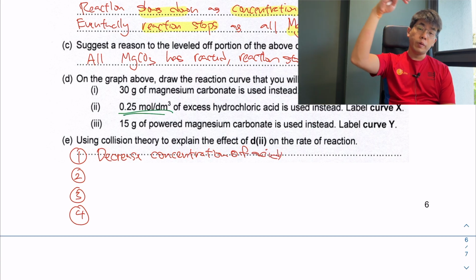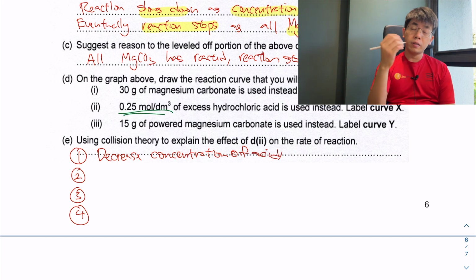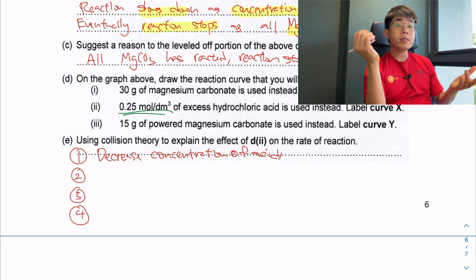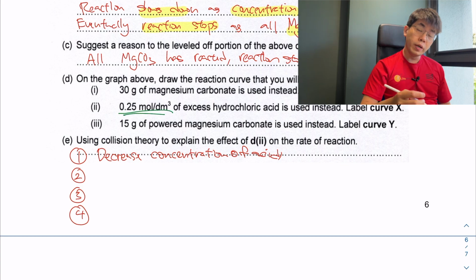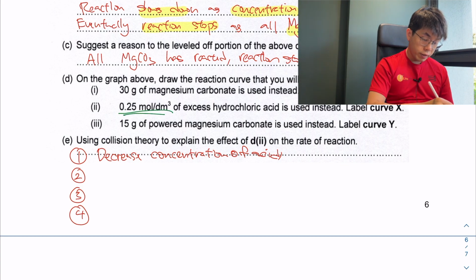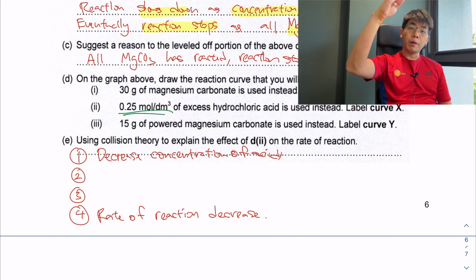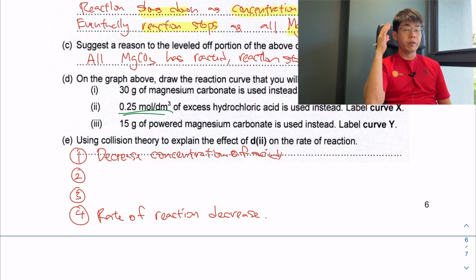Decreasing the concentration of acid means that the rate of reaction will decrease. So we write rate of reaction decrease. Now we have written step number 1 and number 4, and then we can write number 3.